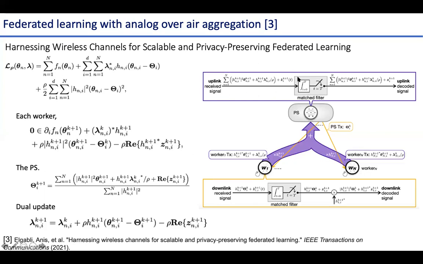Feeding this through a matched filter increases the signal-to-noise ratio, because the noise is random with zero mean and the signal is constant over this integration period. The output is then this, which is a noisy version of what the parameter server needs in order to update the global model.